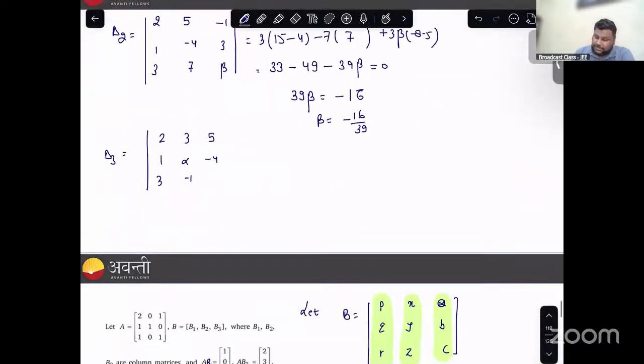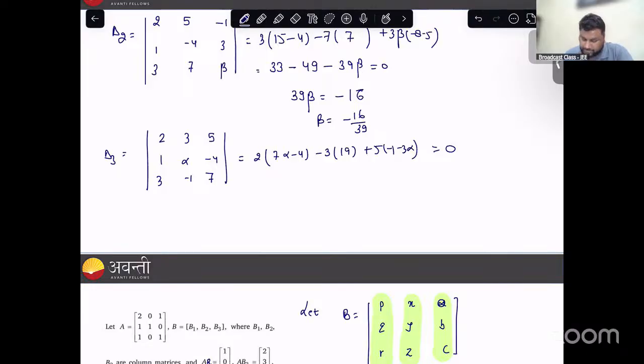5 minus 4, 7. Thank you so much. So it is 2 times 7 alpha minus 4 minus 3 times 7 and 12, 19 plus 5 times minus 1 minus 3 alpha. Now make it 0. So it is 14 alpha minus 8 minus 57 minus 5 minus 15 alpha equals 0.